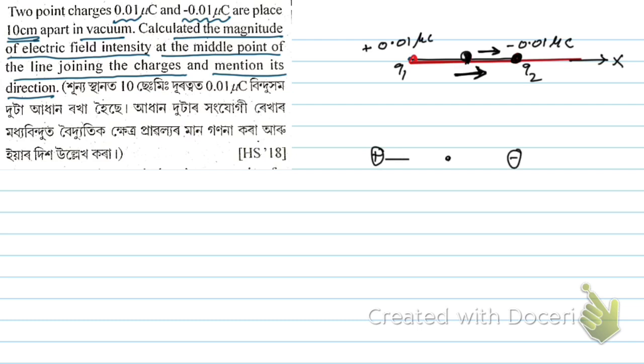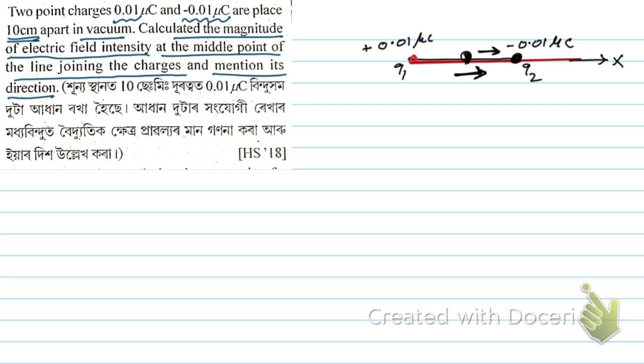The field due to the positive charge is in this direction, and the field due to the negative charge is also in this direction, because from a positive charge it must be radially outward, and in the case of a negative charge it should be inward. So at this point, for both, the electric field direction is the same, that is the positive x-axis. Okay, so that's okay.